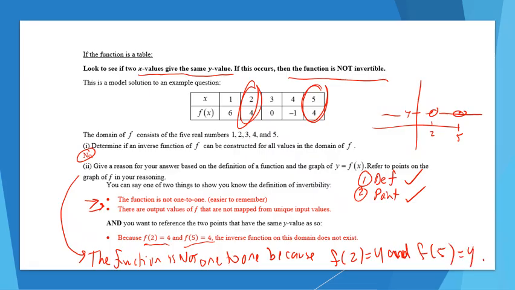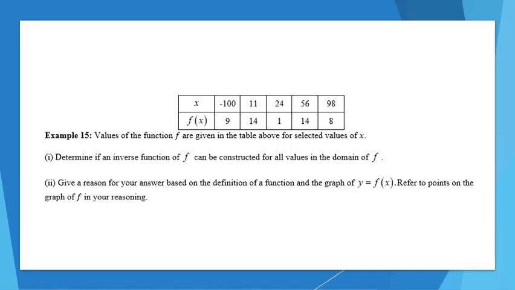That would be a perfect explanation for that answer. So try example 15. Values of the function f are given in the table above for selected values of x. Determine if the inverse function of f can be constructed for all values. Give a reason for your answer.